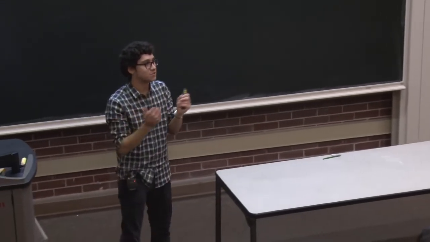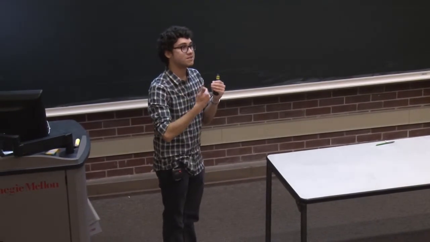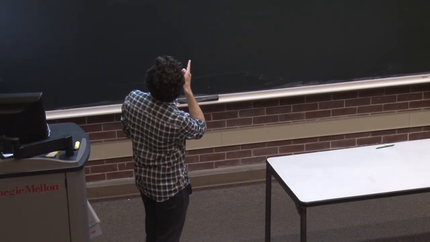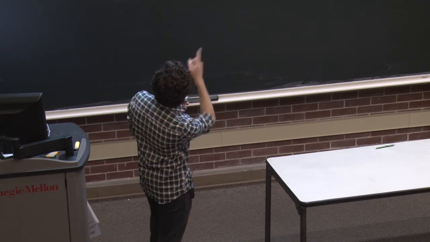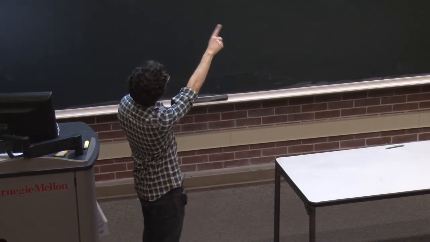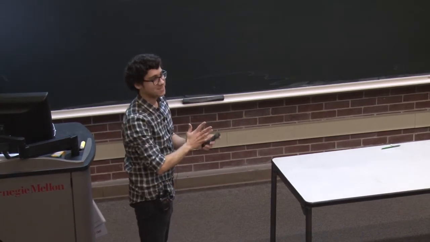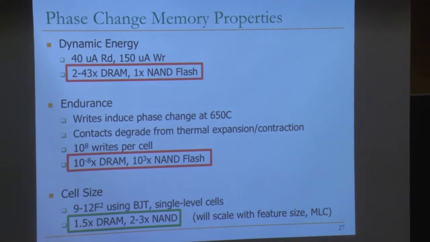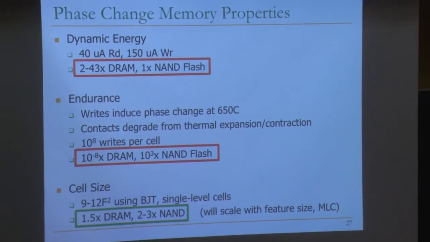In fact, it might not even transfer current across that junction anymore. So here's the deal on endurance. It takes a lot of temperature to actually induce that phase change, 650 degrees Celsius. And the contacts between that material can actually degrade over time. The material can separate from them, which doesn't give us these desirable properties.